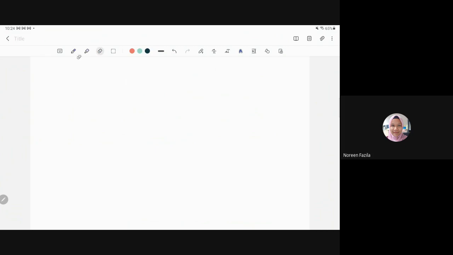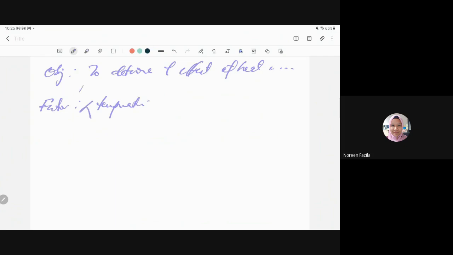The objective is to determine the effects of heat on banana, and so on, like the previous part. Then we want to determine the effect of heat, so what are the factors? The factor is the temperature, the blanching temperature.